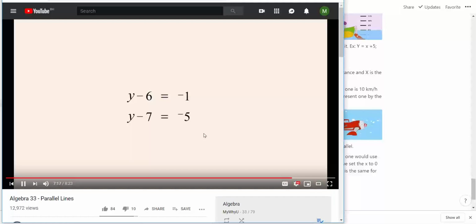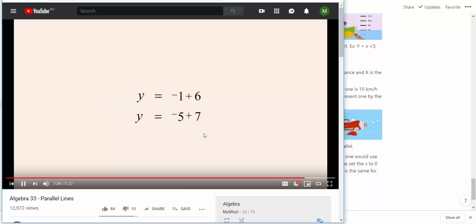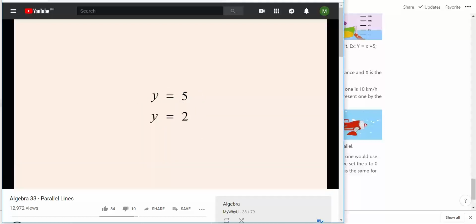To rearrange the equation so that y is alone on the left side, we add 6 to both sides of the first equation and 7 to both sides of the second equation, allowing us to cancel the negative and positive. Completing the arithmetic, the value of y is different in each equation. Each equation has a different y-intercept.